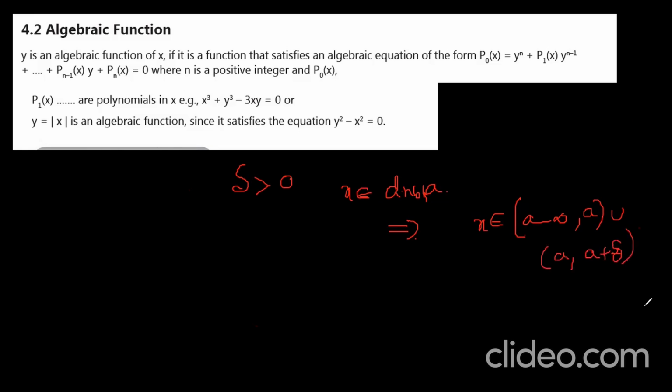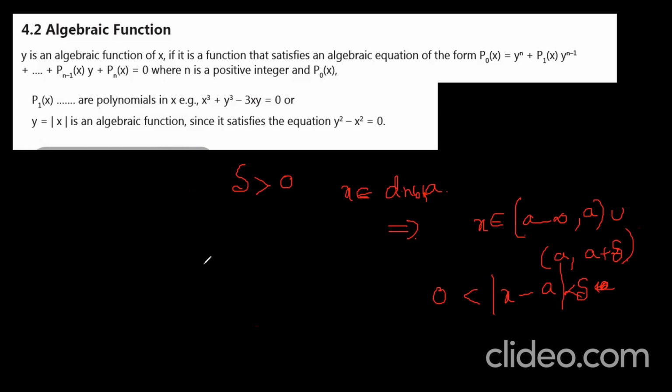You got it? That means 0 less than mod x minus a less than delta. So for any delta greater than 0, x is in the deleted neighborhood of a.